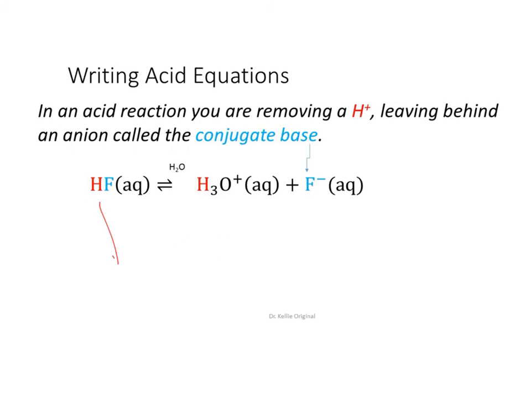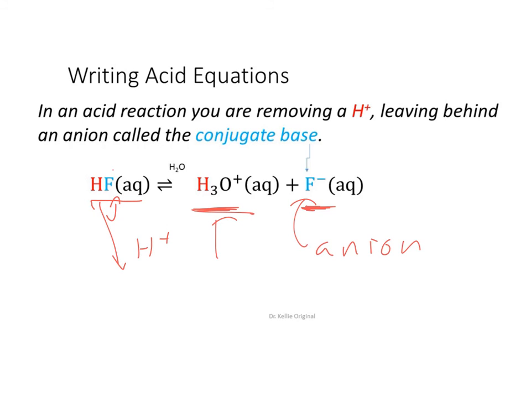Because you're removing a proton, that means you're leaving an electron behind. So whatever's left behind is going to have a negative charge. This negatively charged anion is referred to as a conjugate base. The other product of your acid dissociation reaction is always going to be the hydronium ion. So an acid dissociation reaction will produce a hydronium ion and an anion.